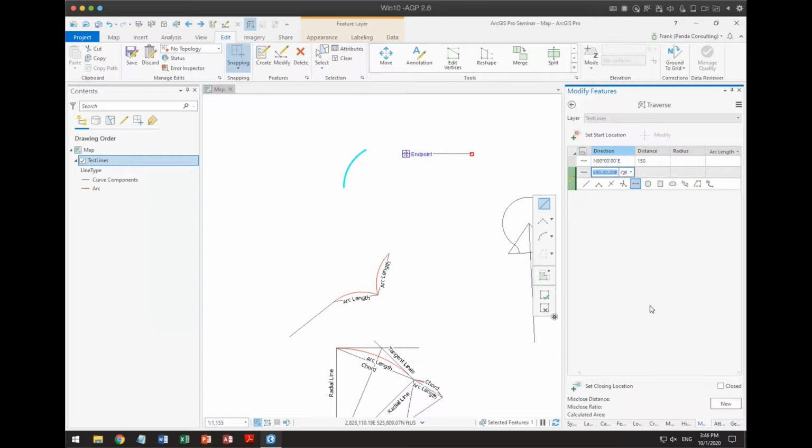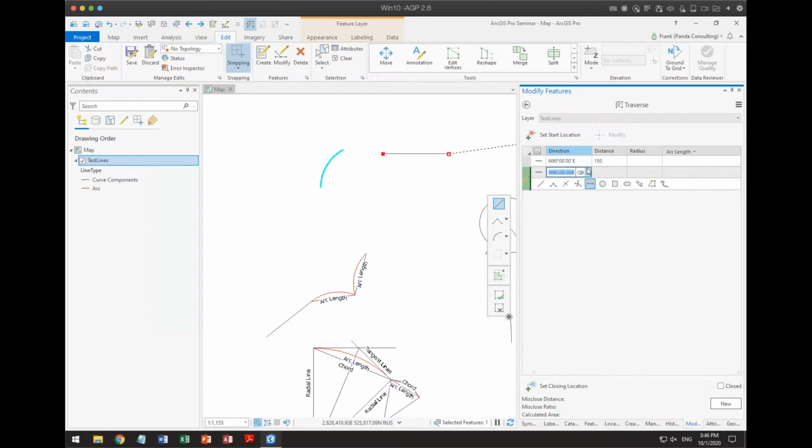All right, so it already has a line and it records in its memory what the bearing and distance of that line is. So it already knows what my tangent bearing is if I want to use that. But if I'm going to put a curve in here, let me expand this a little bit for you so you can see this.